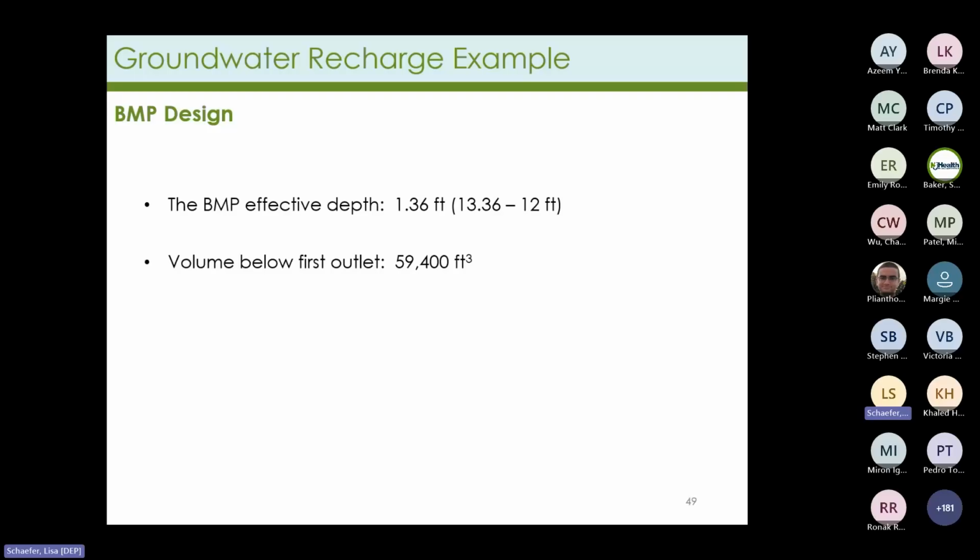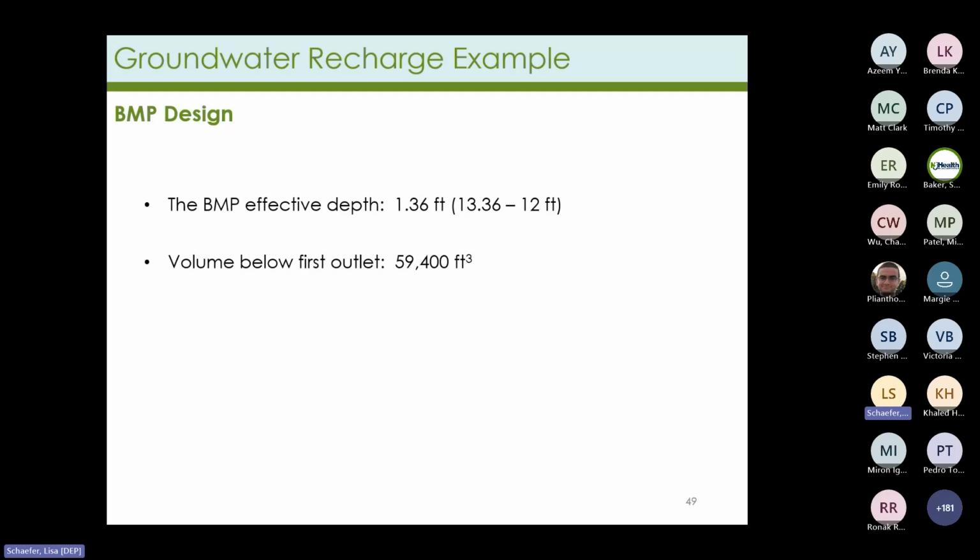All right, so as we calculated before, the BMP effective depth, or dBMP, is the maximum water level, which is the distance from the elevation of the first orifice to the bottom of the basin. The volume before the first orifice is 59,400 cubic feet from the report.